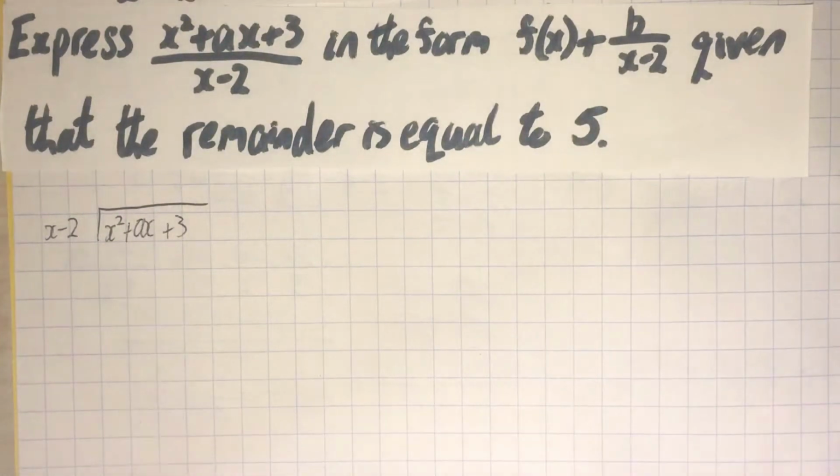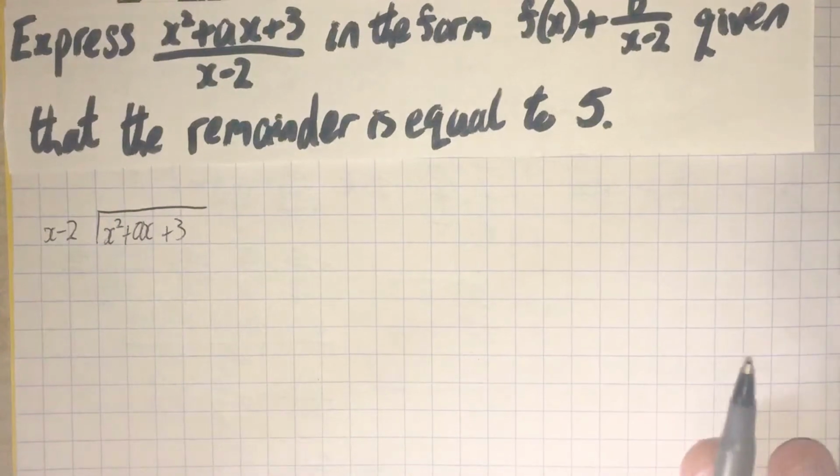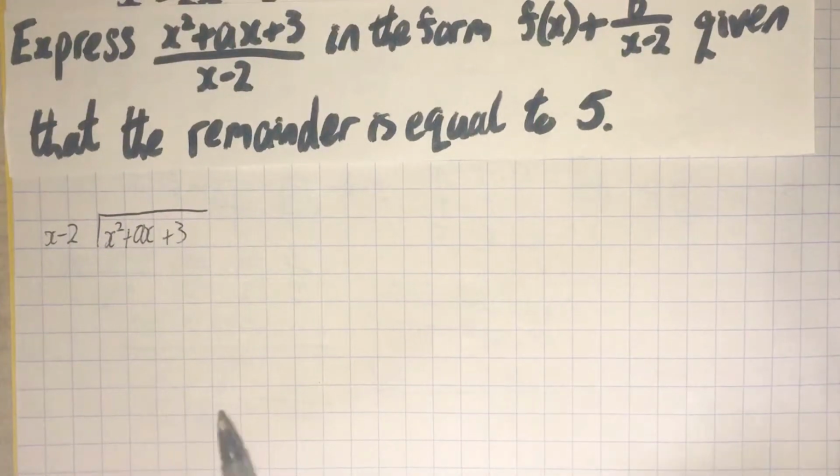So we will work through this as you'd do normally, and then we can put the remainder that we get is equal to 5, which, just looking at the question, I imagine will give us the value for a.